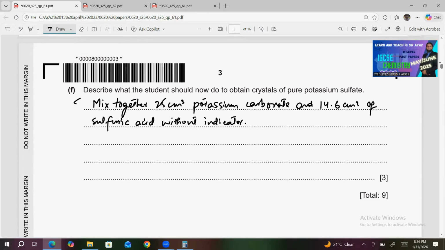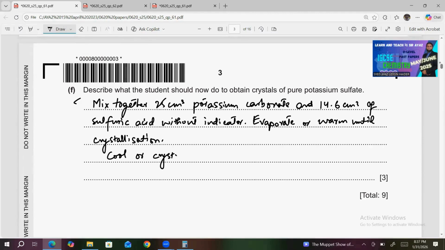Next, evaporate or warm until crystallization. Then cool or crystallize, in order to get the crystals of potassium sulfate.